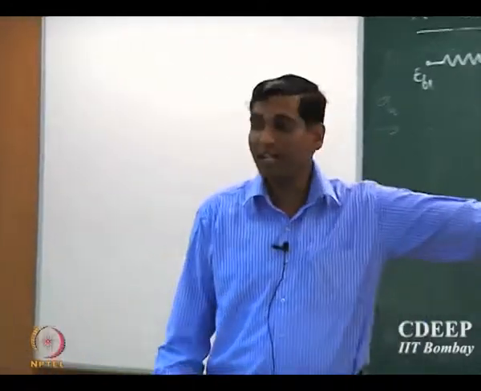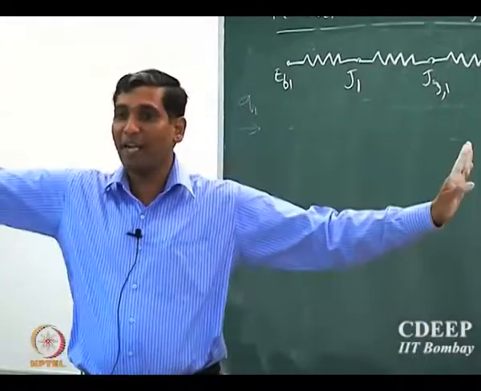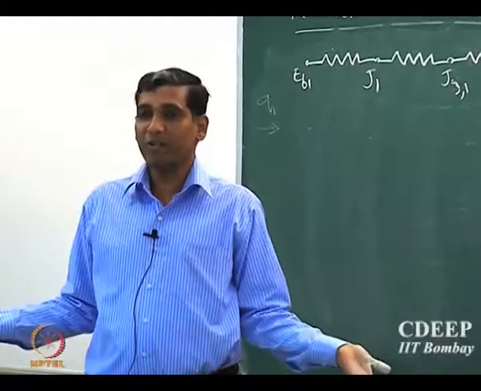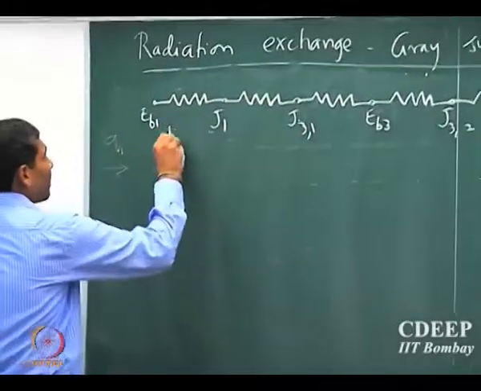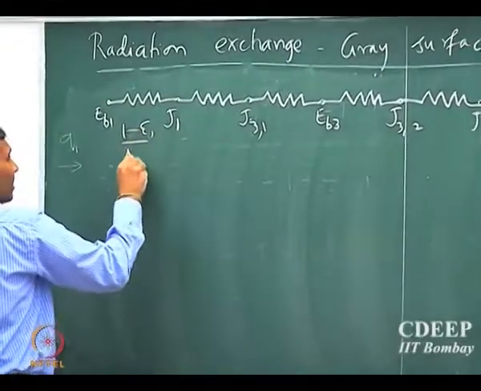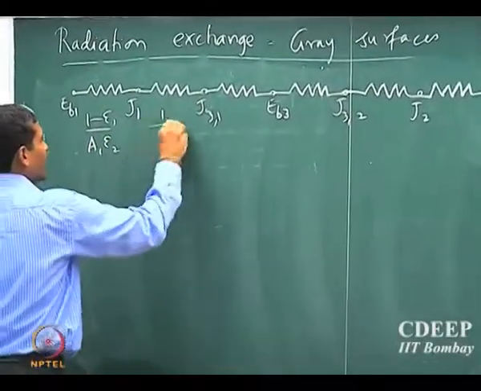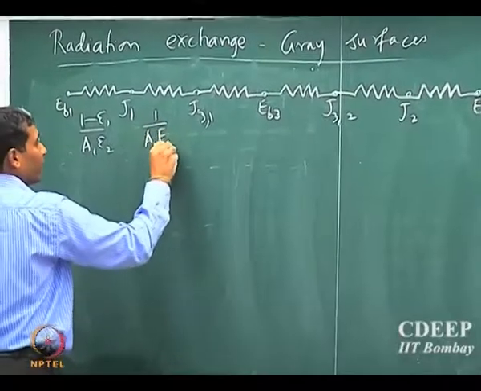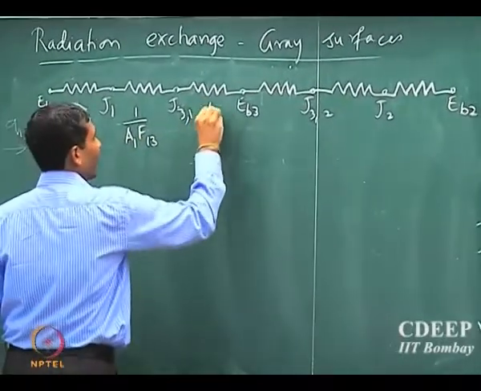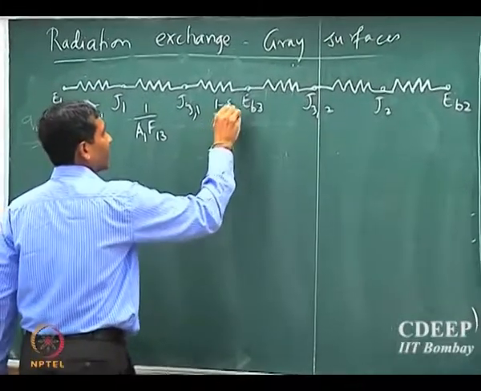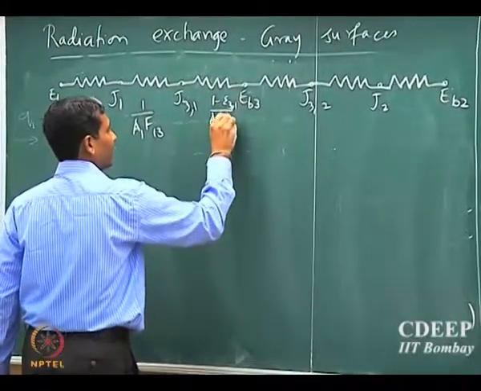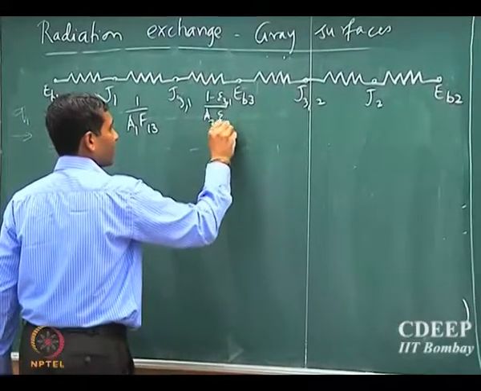Now, supposing the shield that you have placed does not completely cover the two surfaces, then there will be exchange between 1 and 2. So, this is (1 minus epsilon 1) by A1 epsilon 1, this is 1 by A1 F13, this is (1 minus epsilon 31) by A3 epsilon 31.